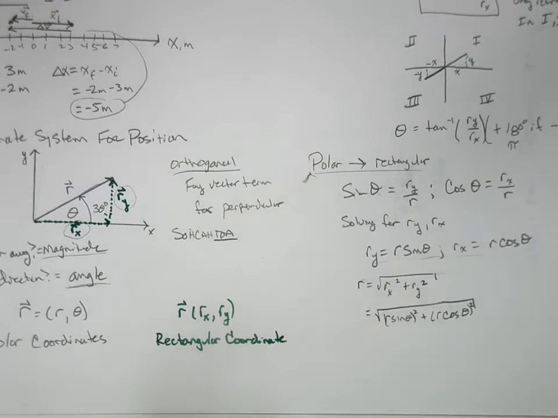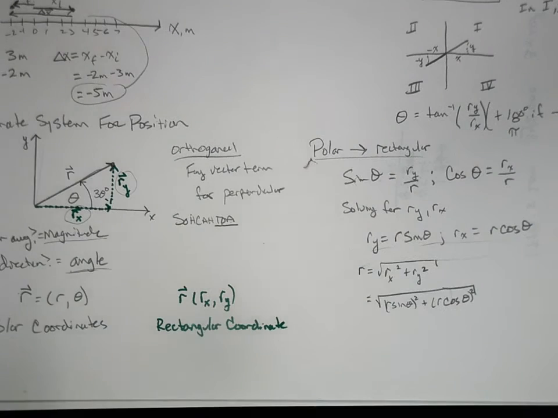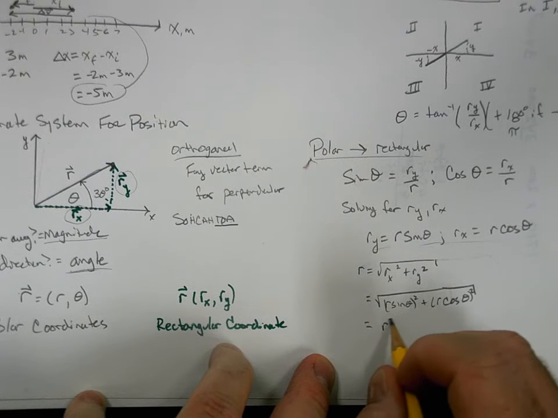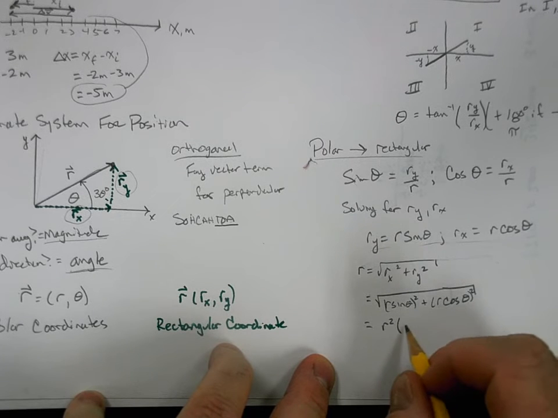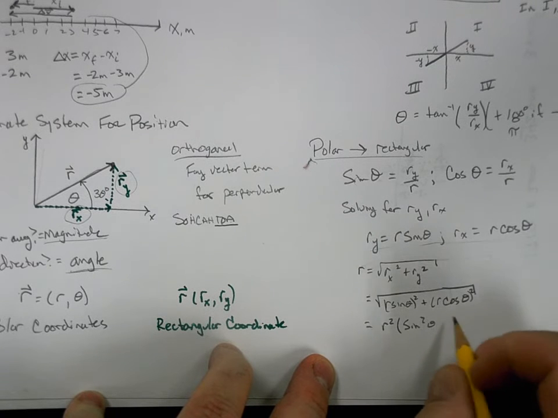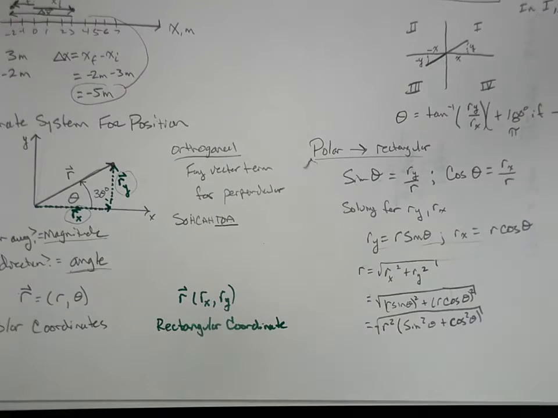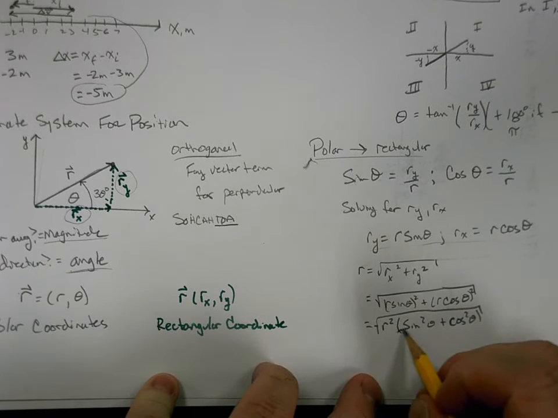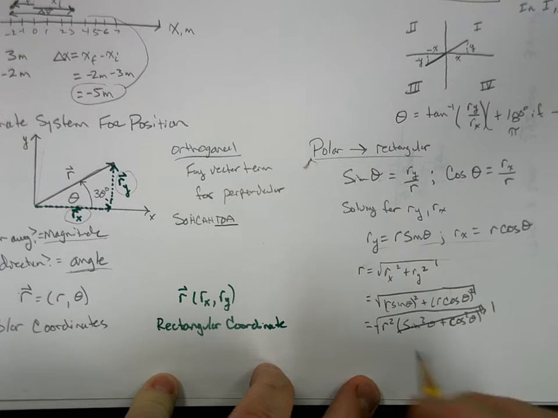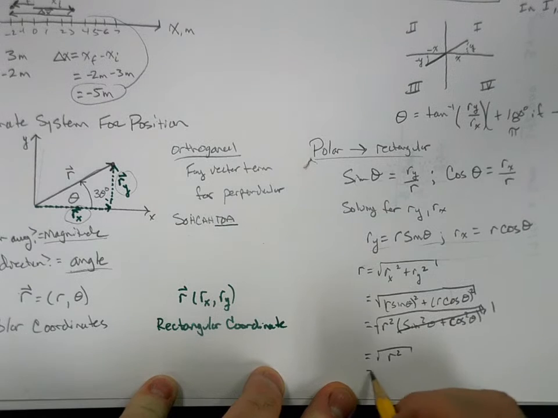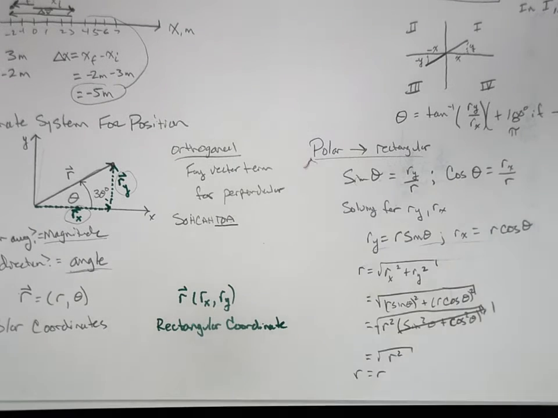And you guys may see where I'm going with this, because we can factor out an r squared and leave behind sine squared theta plus cosine squared theta. As you learn when we first have our trig identities, this becomes 1, and so we're left with the square root of r squared, which is of course r, and so those two are equal to each other.